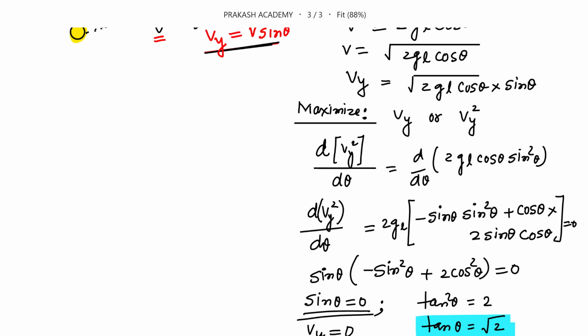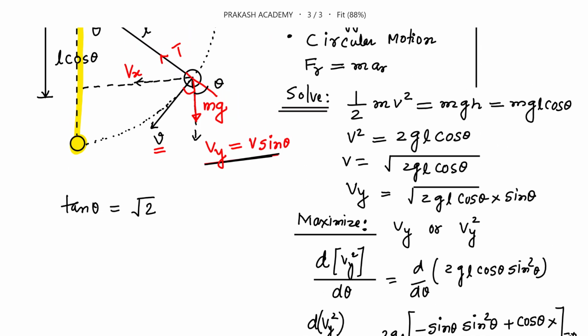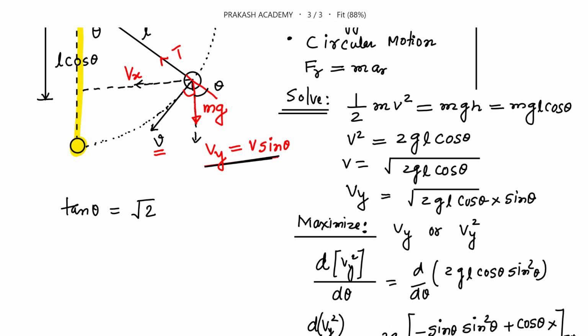So now I know that tan theta is equal to root 2, and then I will have maximum velocity, and correspondingly we have to find the tension. So how will you find the tension in the string? We can write one equation along the radial direction.